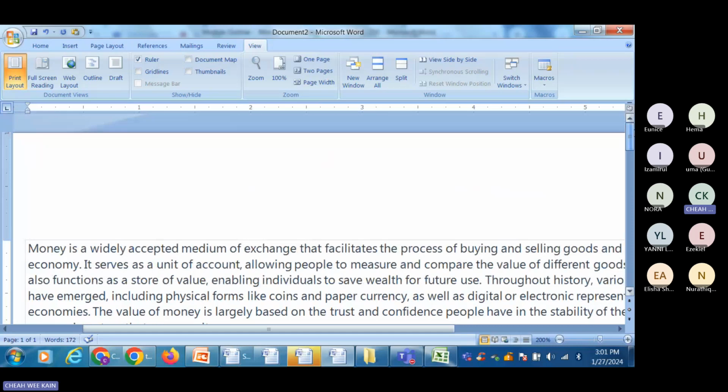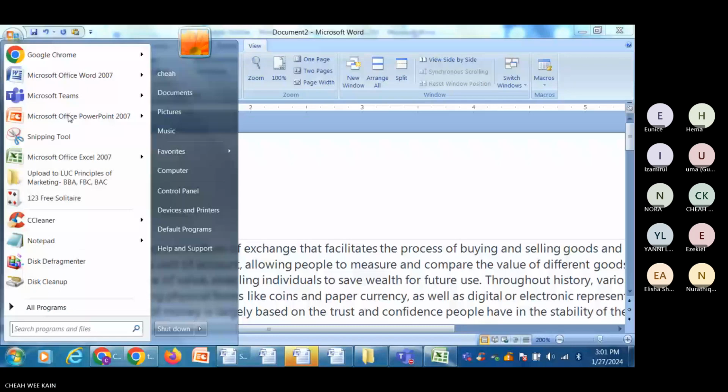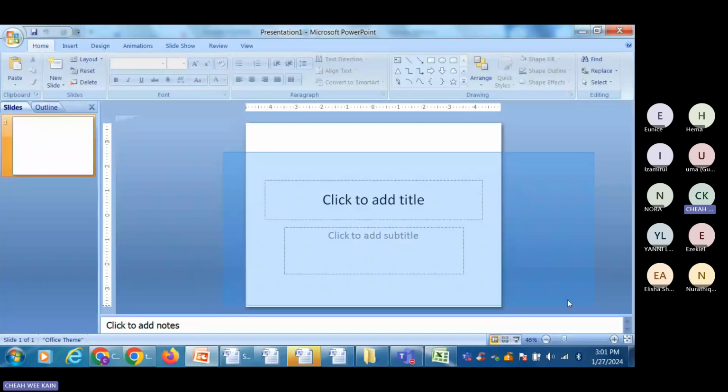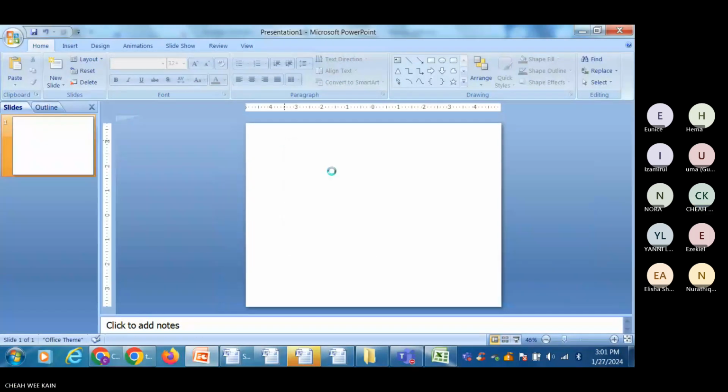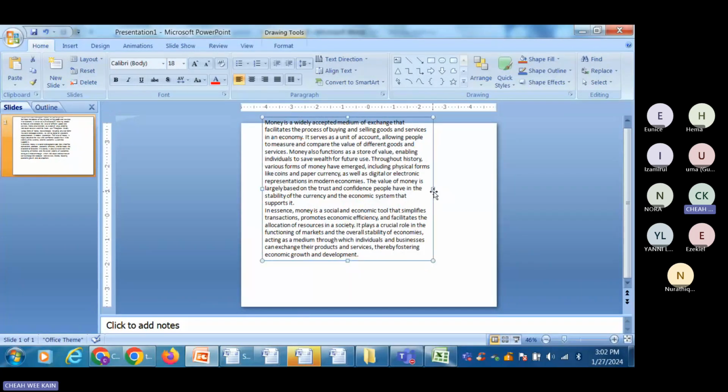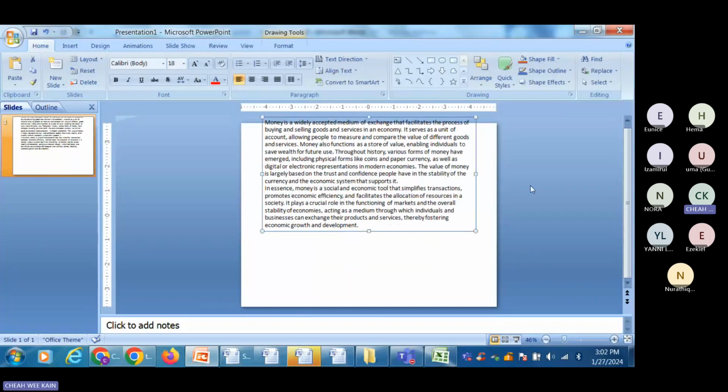If you don't want to copy paragraph by paragraph, you can copy into PowerPoint. See, when you copy to PowerPoint, there is no line. Understand or not?